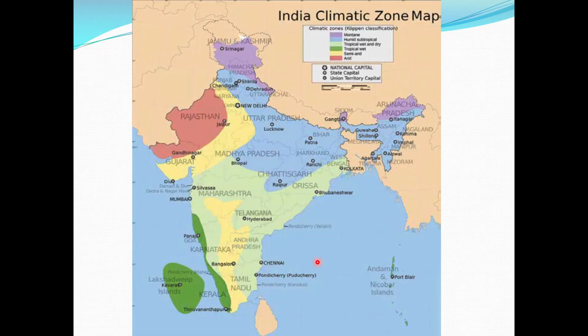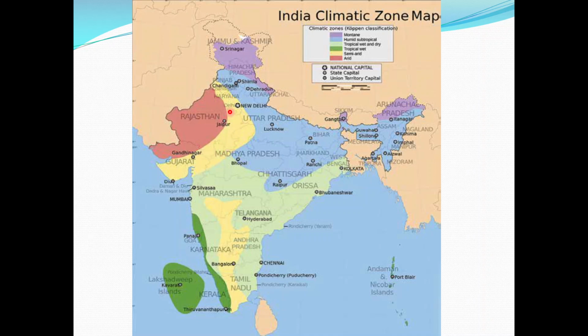Now we will talk about the climatic zones. I am showing you a map of India, and different climatic zones are shown on this map. Firstly, we will talk about the arid zone. This red colored portion in Rajasthan is the arid zone. Arid means a hot and dry region.